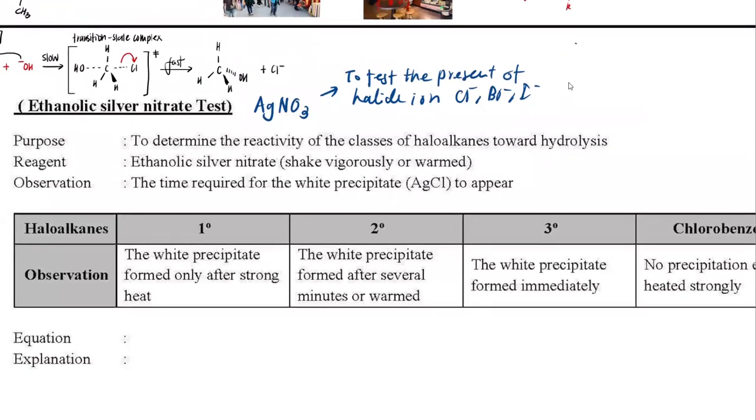If AgCl, you form a white precipitate. If AgBr, it will be a creamy yellow precipitate, whereas if AgI, it is a yellow precipitate.